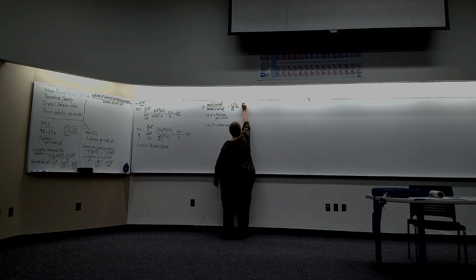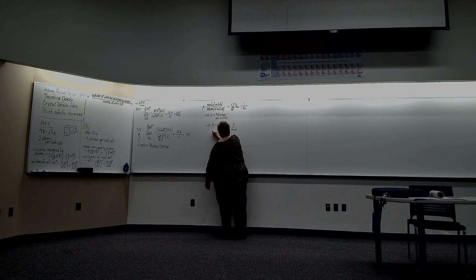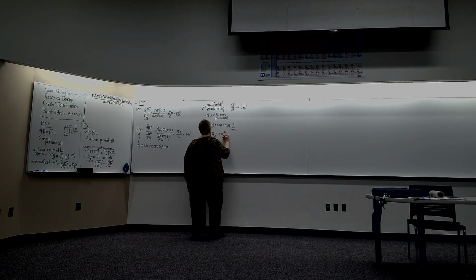So I want 1 over N sub A, where N sub A is Avogadro's number, 6.022 times 10 to the 23rd atoms per mole.